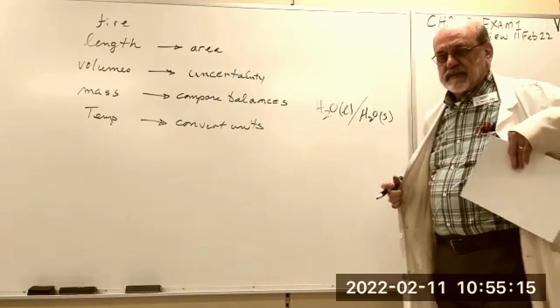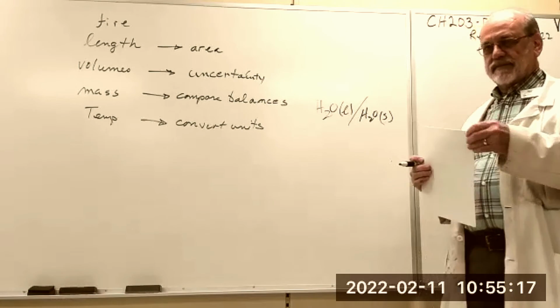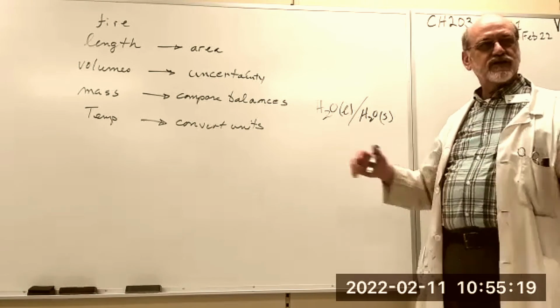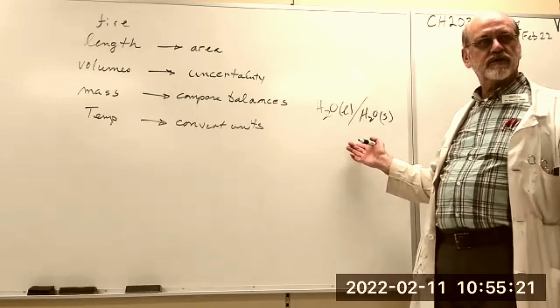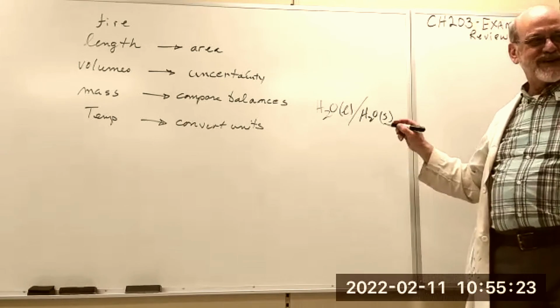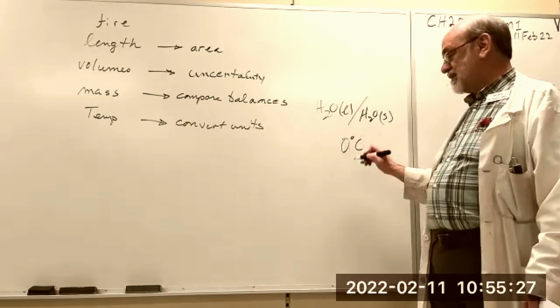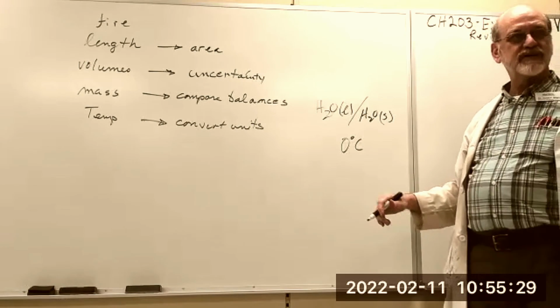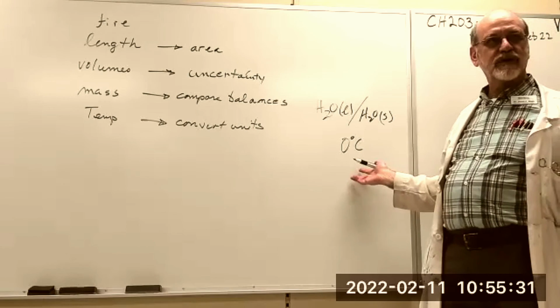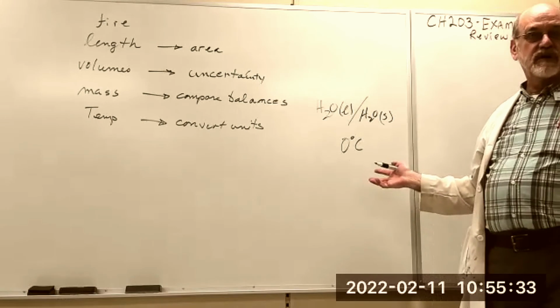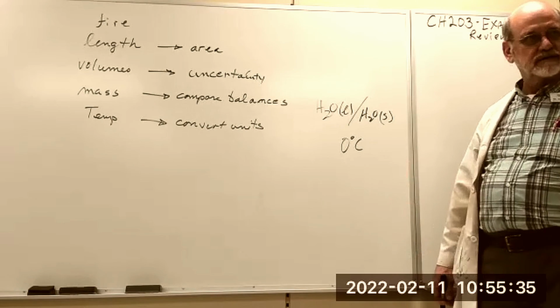But the catch here is you're using student thermometers, right? So it might actually be at 0 degrees C, but your thermometer might say 2 degrees or 3 degrees because they're not high quality.